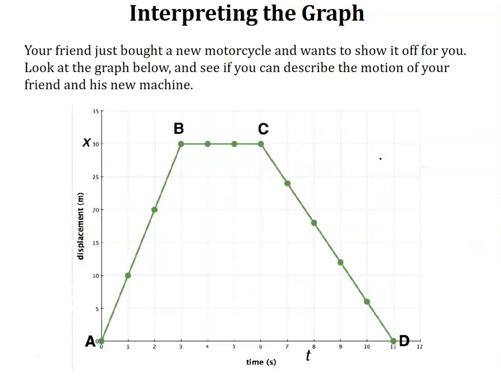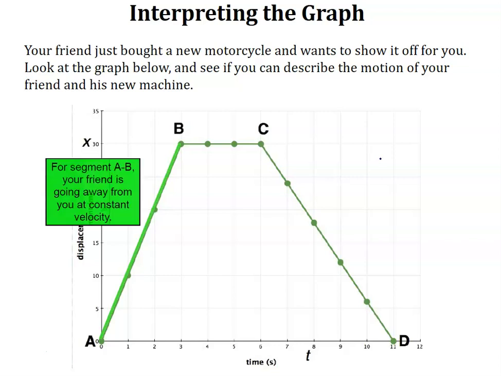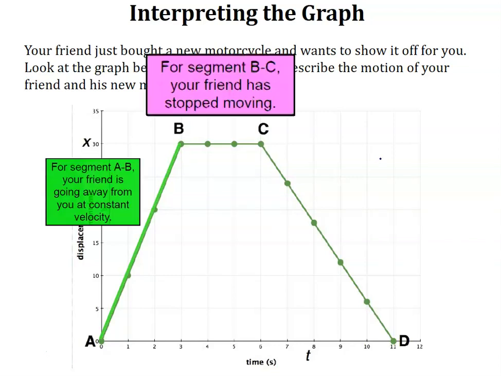All right, here's another graph. Your friend just bought a new motorcycle and wants to show it off for you. Look at the graph below and see if you can describe the motion of your friend and his new machine. From A to B, your friend is going away from you at a constant velocity.